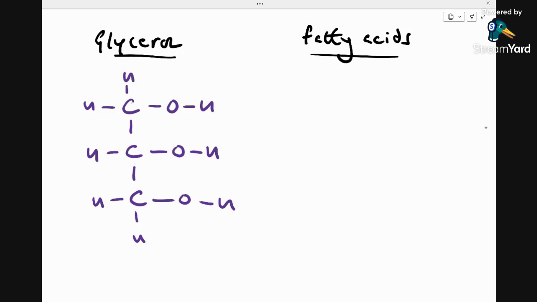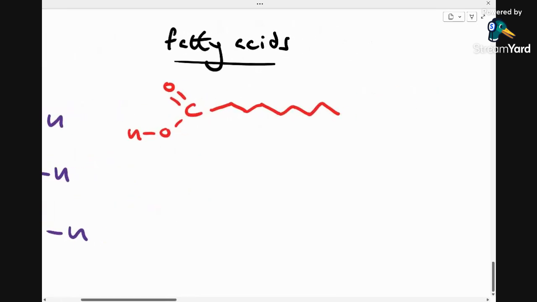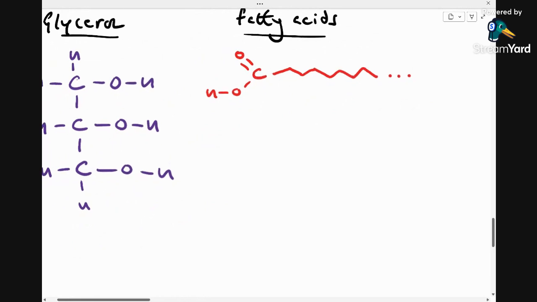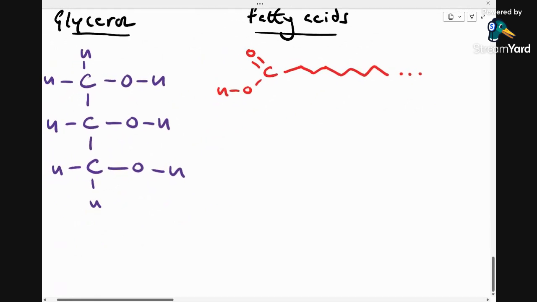Fatty acids, if I do this in red, all have carboxylic acid groups attached. They then simply have lots of hydrocarbons, or a long hydrocarbon tail that goes on for indefinite, varying lengths. And that, of course, is repeated 3 times. We need 3 fatty acids to join to glycerol.